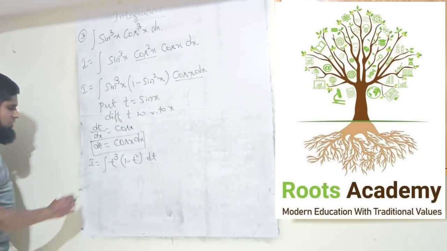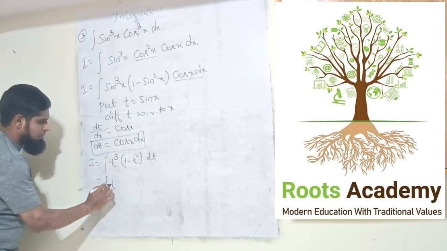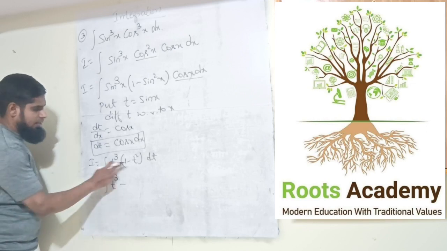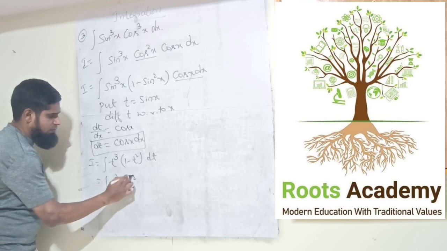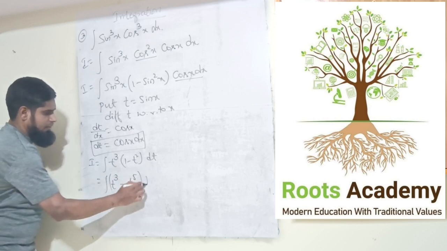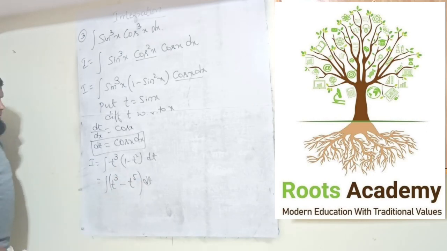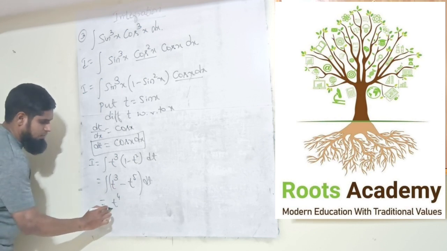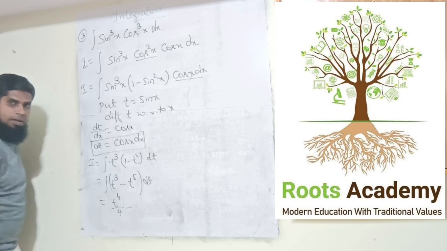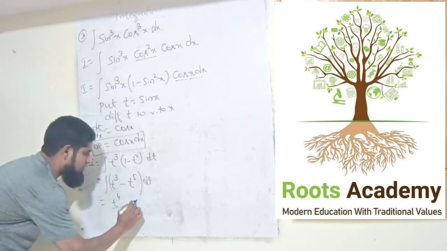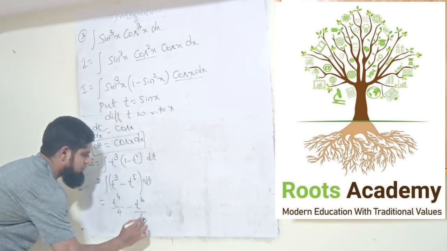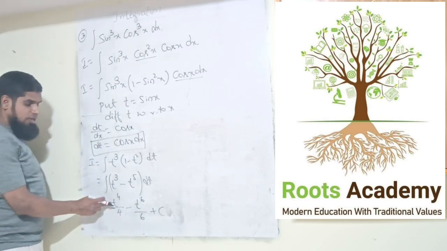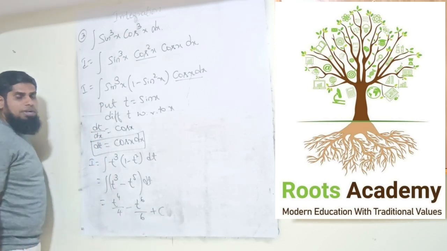Now simple multiplication: integral of t cube minus t cube into t square, which is t power 5, dt. What is the integration of t cube? We know that it is t power 4 by 4 minus integration of t power 5 is t power 6 by 6 plus c. At last, definitely we should substitute the value of t.